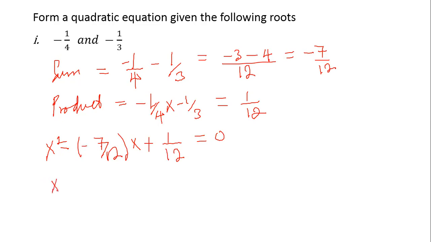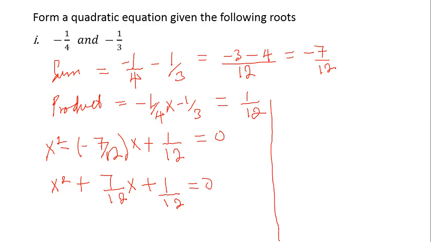So we are going to have x squared plus 7/12 x plus 1/12 equal to 0. So we multiply by 12 to remove the fractions on each term. So we shall have 12x squared plus 7x plus 1 equal to 0.